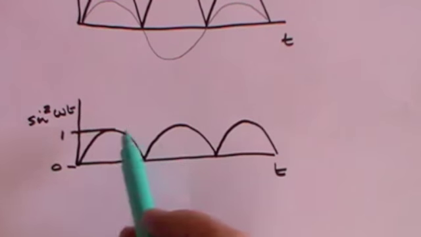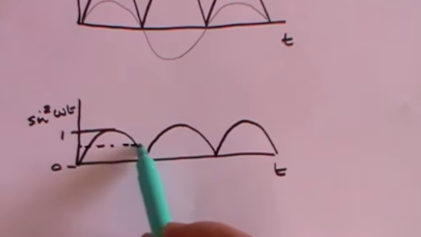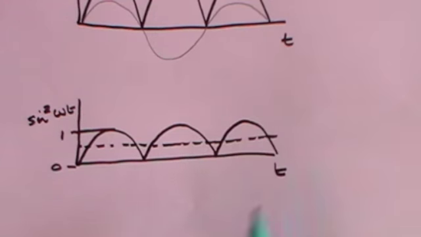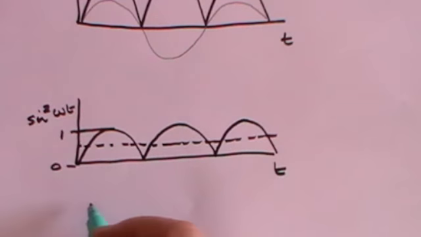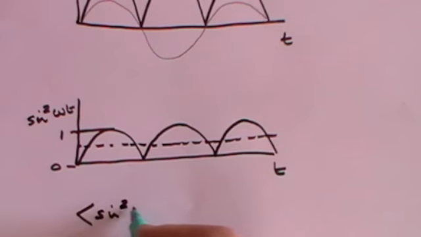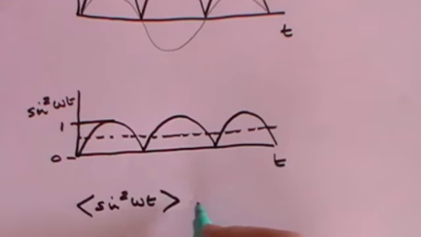And what we want to know is, what is the average value of sine squared omega t over the entire cycle? And the answer is that the average, which we depict by these angle brackets, of sine squared omega t over the entire cycle is exactly 1/2.